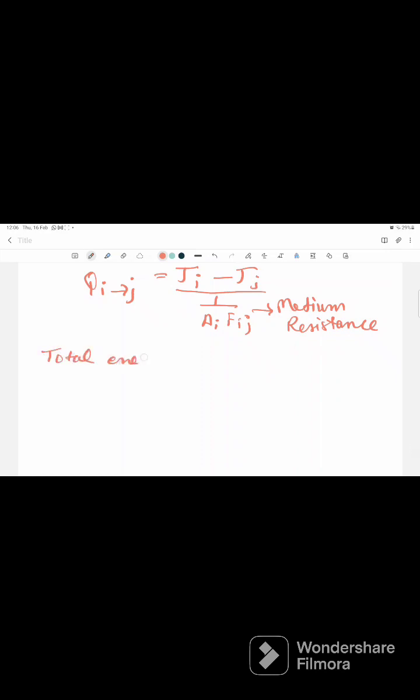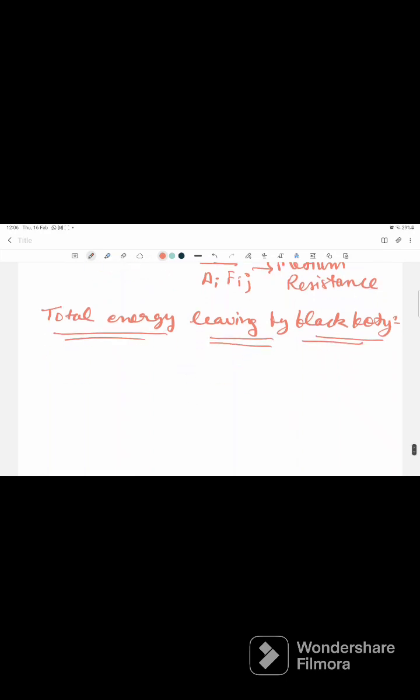Total energy leaving by a black body: J is equal to rho G plus epsilon Eb.